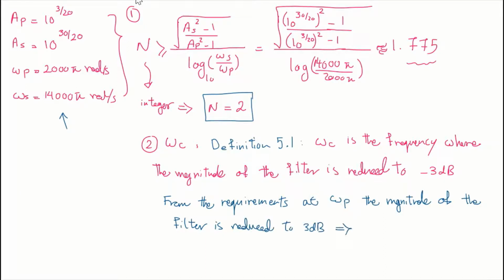So we can conclude that the cutoff frequency is exactly the passband edge frequency, which is 2000 pi. All right, so this is the second step, and the third step is to find the transfer function.